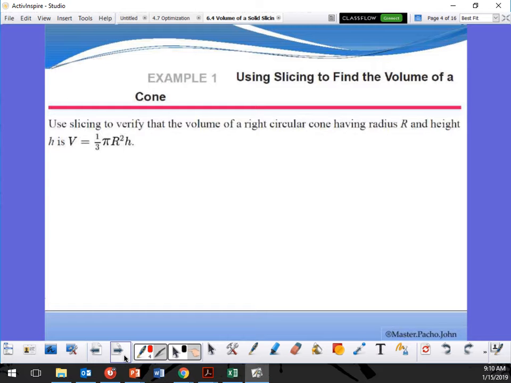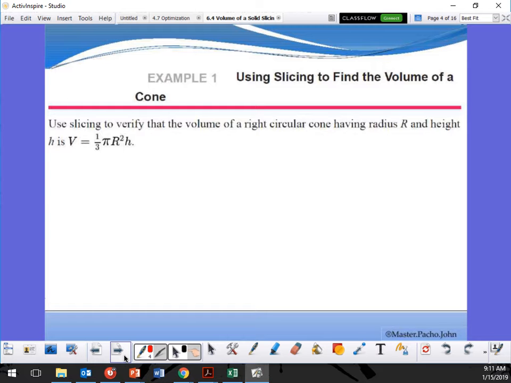All right, so now that thing right there. Okay, look at the end. What's a cross section if it is parallel to the bottom? Yeah, it's going to be a circle. So the cross section of it, if you do it parallel to the bottom, it's going to be a circle.